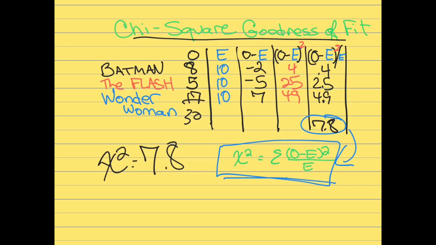Well, for chi-squares, the degrees of freedom is k, which is the number of categories, minus 1. Here we have 3 categories, so we just subtract 1 to get 2. If you look at the table, table B in your book, you get the critical value table. So we have an alpha of 0.05 with 2 degrees of freedom.